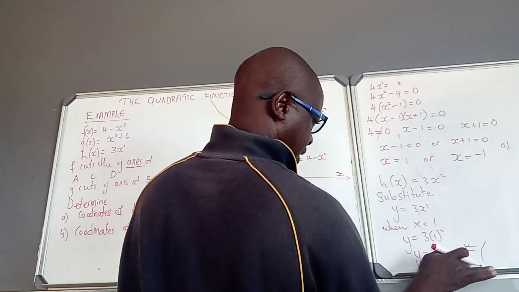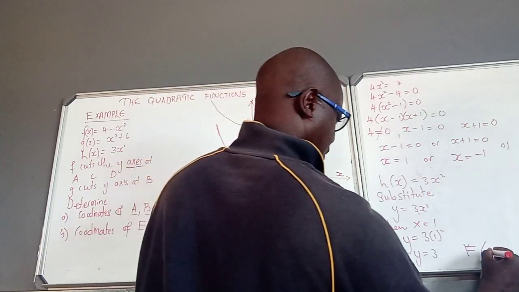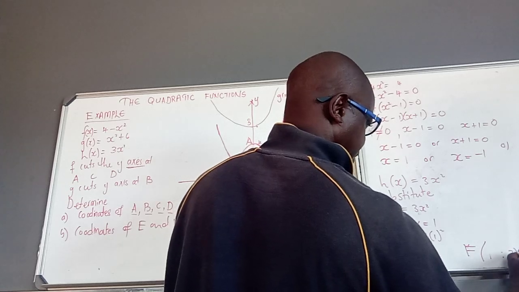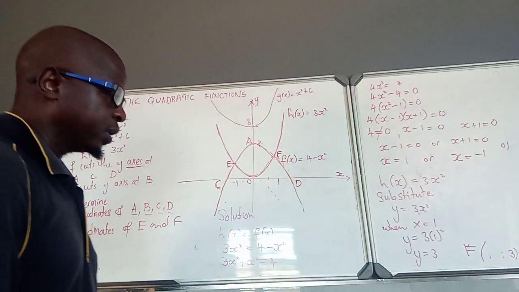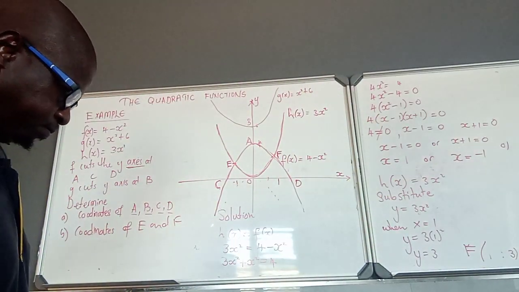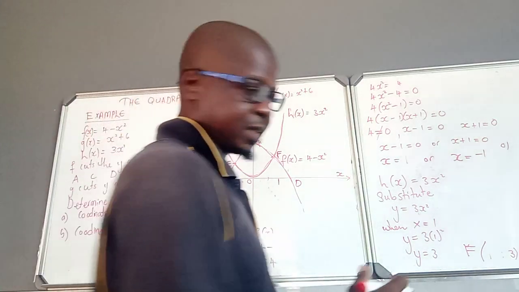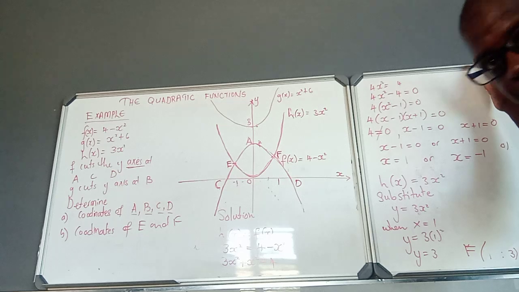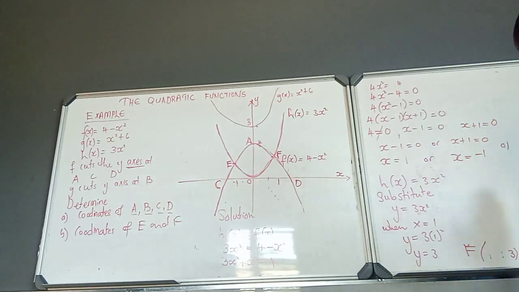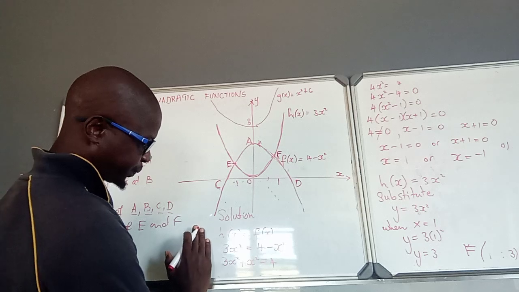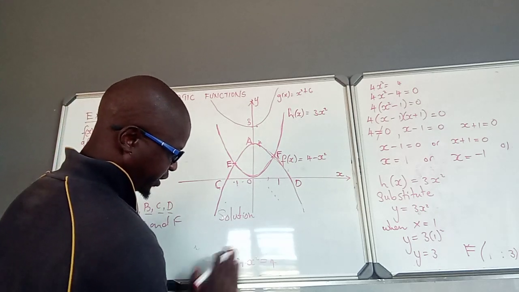So let me say f has coordinates of 1 and 3. That is our f. Now, for the sake of space, because I don't think you can see me if I continue here, I'll have to come back here and use this space.